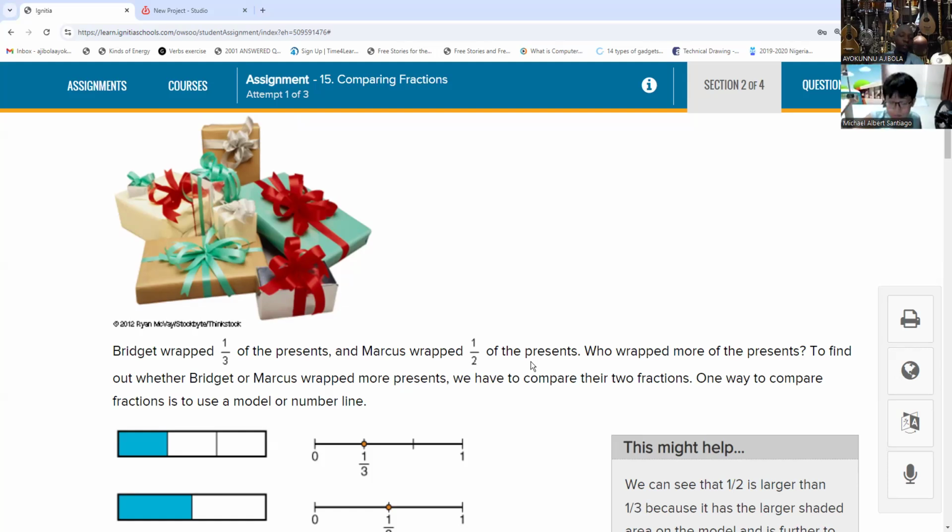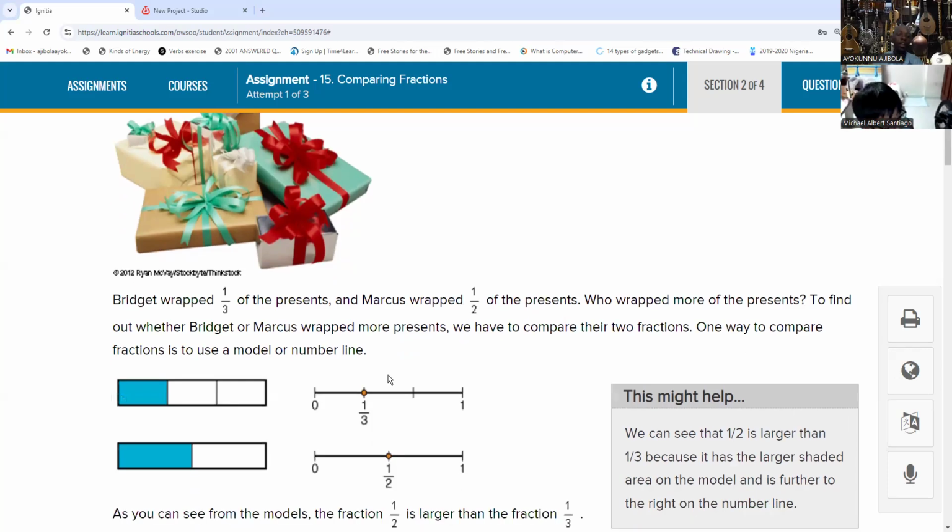If you remember the way we compare fractions, we can divide a line into portions. From 0 to 1 divided into 3 portions, we pick 1. And from 0 to 1 divided into 2 portions, we pick 1. The one that picks 1 out of 2 portions is greater than the one that picks 1 out of 3 portions. Can you see?